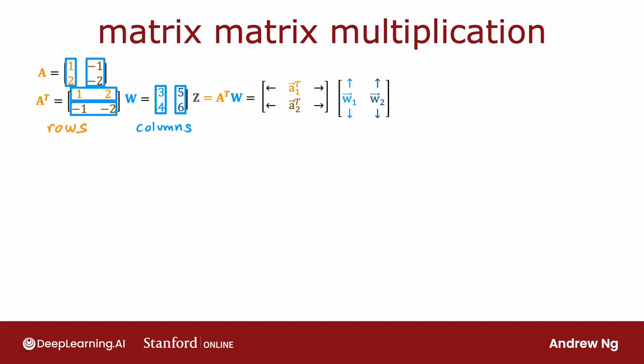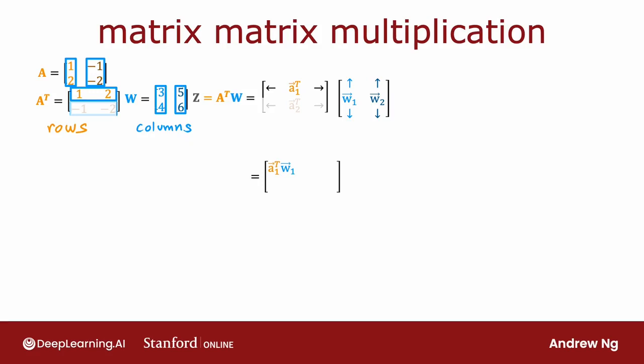To compute A transpose W, the first thing we need to do is ignore the second row of A and just pay attention to the first row of A. Let's take this row 1, 2, that is A1 transpose, and multiply that with W.